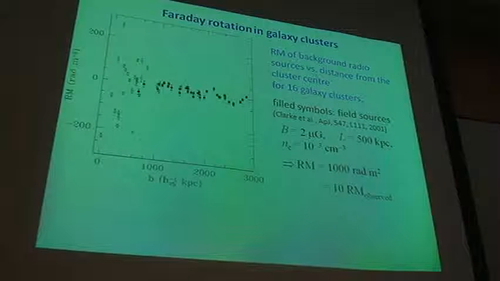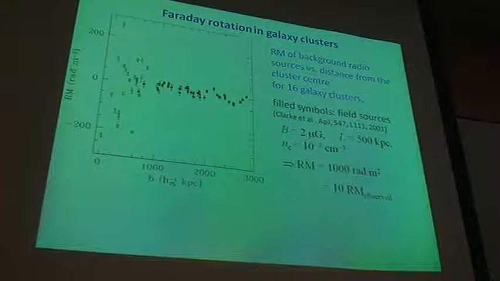So what you do, you have a cluster of galaxies somewhere here, and you observe a polarized radio source which is projected on the cluster. And you try to observe as many sources as possible at different projected distances from the cluster center.